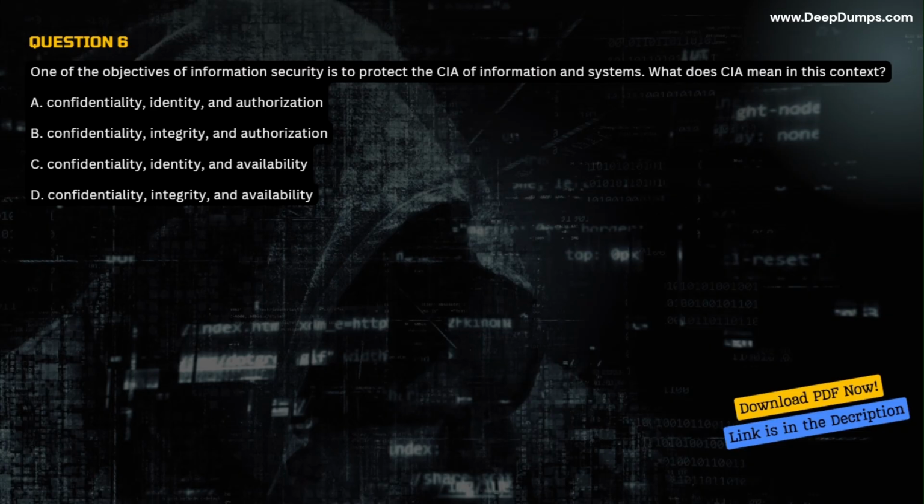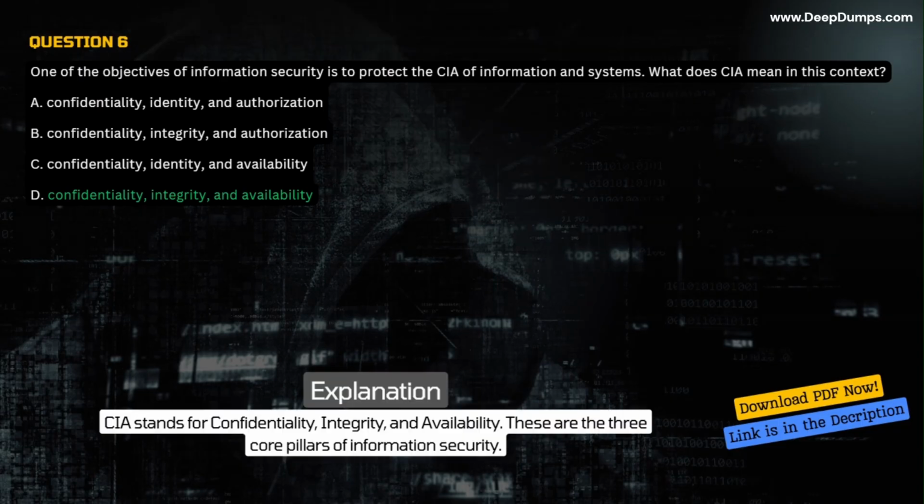D. Confidentiality, integrity, and availability. Correct answer D. Confidentiality, integrity, and availability. Explanation. CIA stands for confidentiality, integrity, and availability. These are the three core pillars of information security.